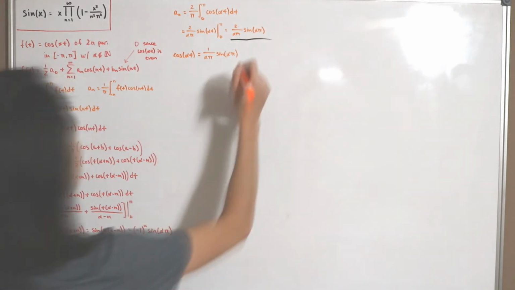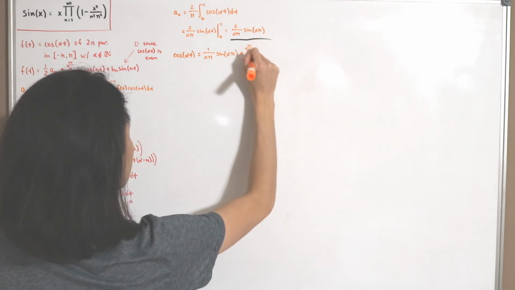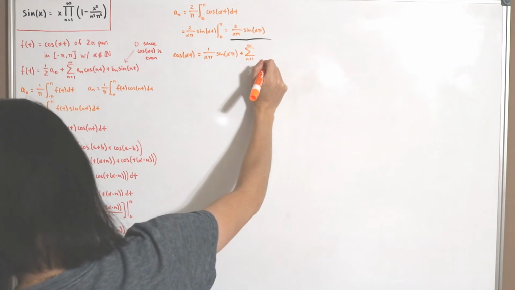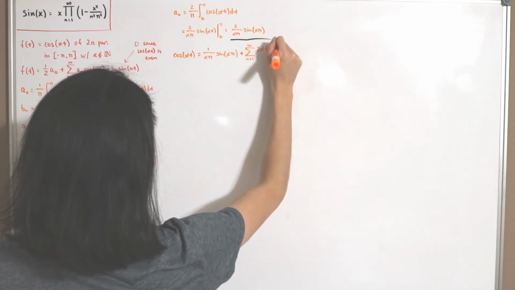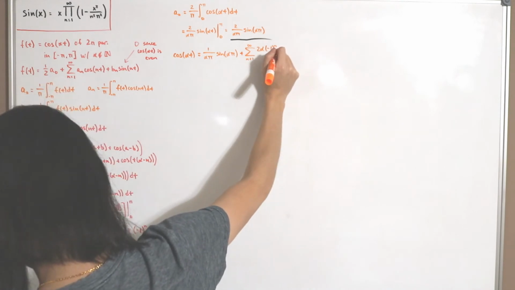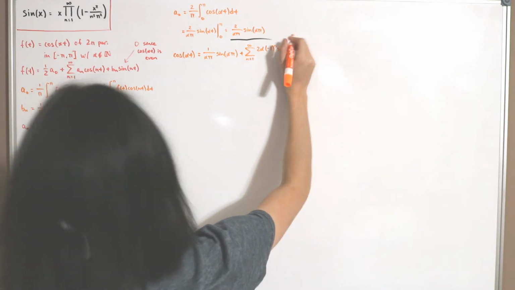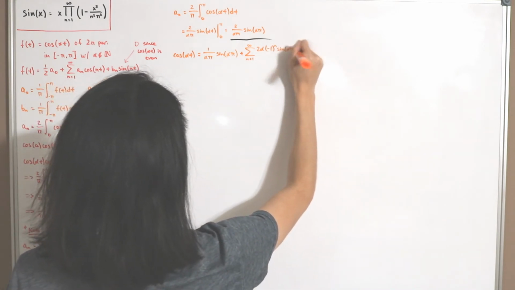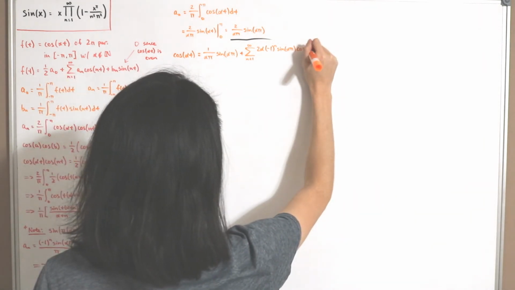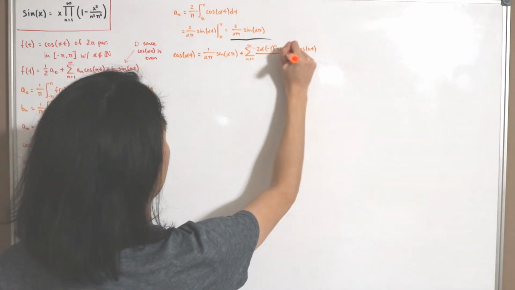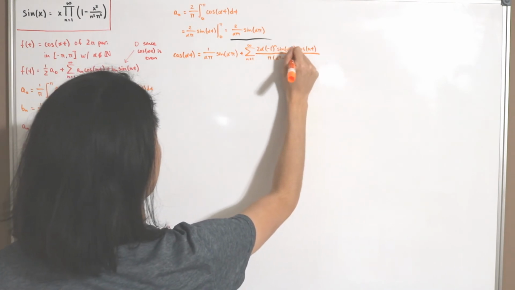And then plus our infinite series, the sum from n equals 1 of 2 alpha multiplied by (-1) to the power n, multiplied by sine of alpha pi, multiplied by cosine of n times t, and then we divide this by pi multiplied by (alpha squared minus n squared).